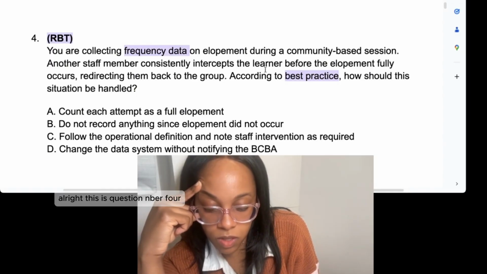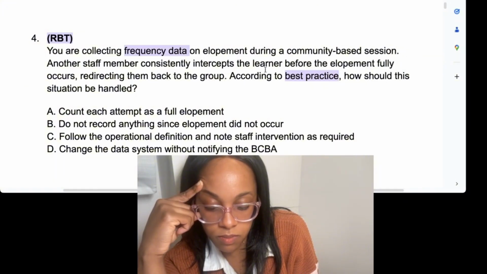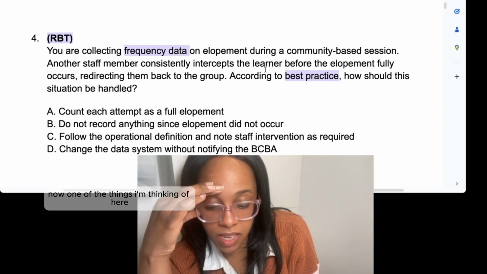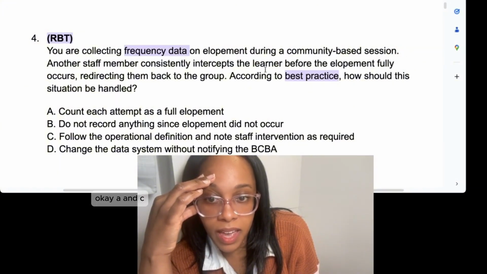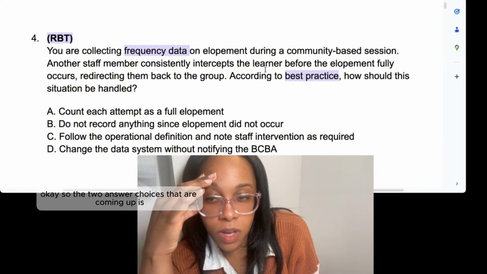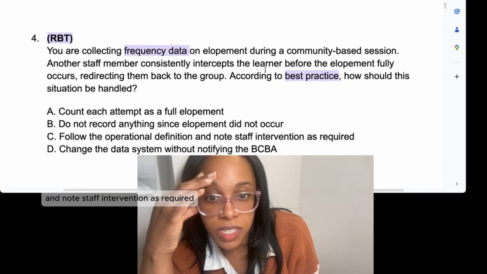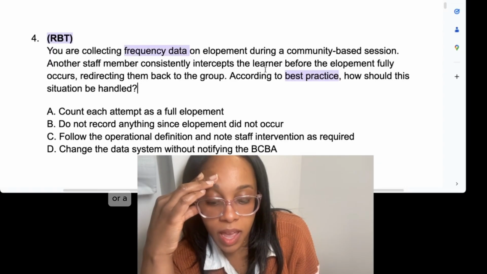All right, this is question number 4. Okay, A and C. The two answer choices that are coming up are: follow the operational definition and note staff intervention as required, or count each attempt as full elopement.